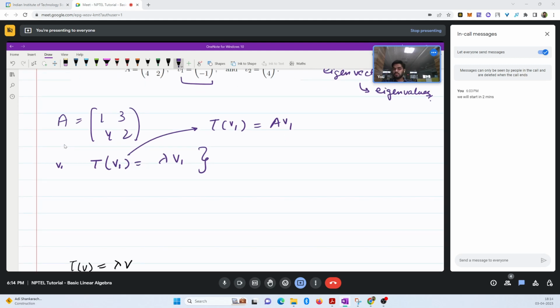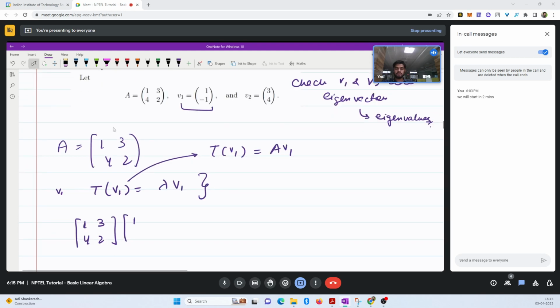representation. So this is 1, 3, 4, 2 times, what is v1? 1 comma minus 1. So what do we obtain? We obtain 1 minus 3 as minus 2, 4 minus 2 as 2. So what is it?